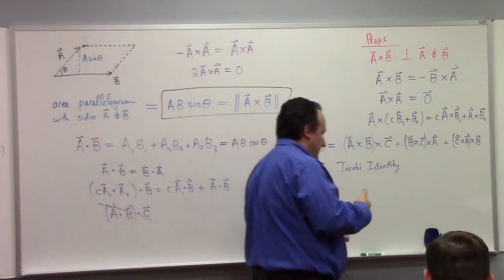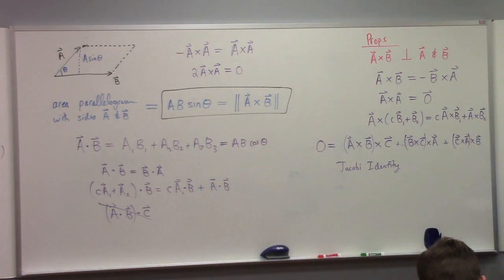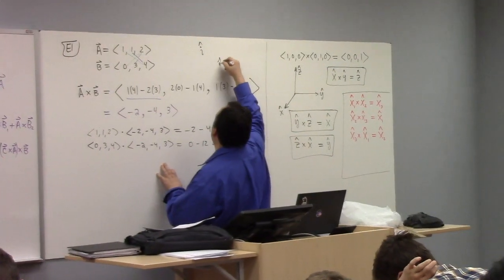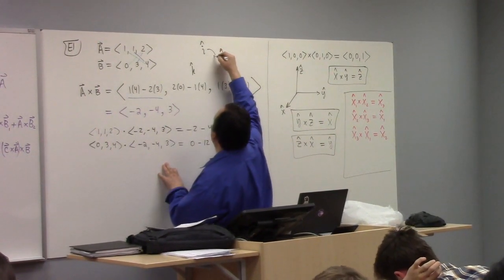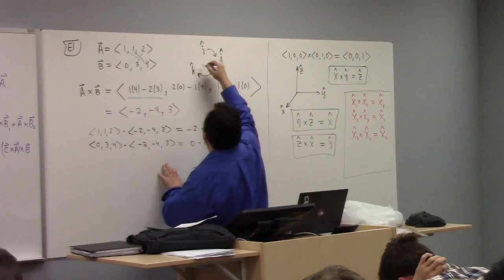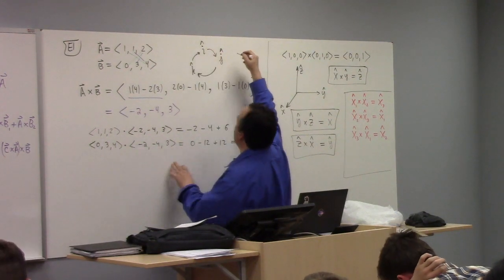There's a mnemonic which is helpful for remembering the cross products. Here I just wrote them out for you, but you can write them in a circle. I'll go back to i, j, k hat for a second. So you just do a circle, and if you go with the circle, you keep positive.